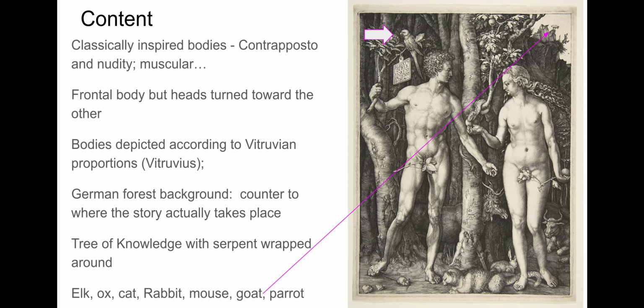And we think that Dürer was inspired by the writings of Vitruvius, the Roman writer on art and architecture. So we think he studied the Vitruvian proportions, ideal proportions, and that he is including those measurements and showcasing his knowledge and experience with the Vitruvian ideal in the bodies here.